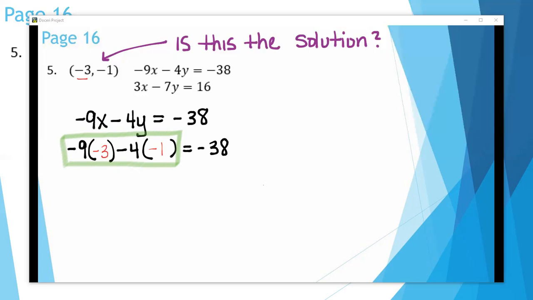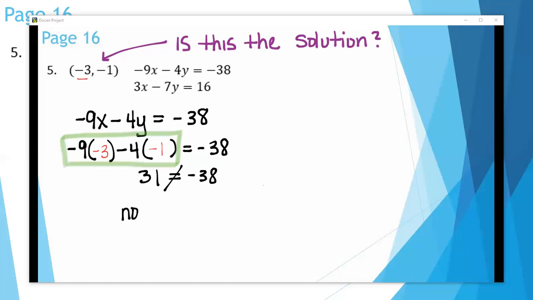So when I type in negative 9 times negative 3 minus 4 times negative 1, do I get negative 38? And the actuality is I get 31. So I get 31, and 31 is not the same as negative 38. So the answer is no.